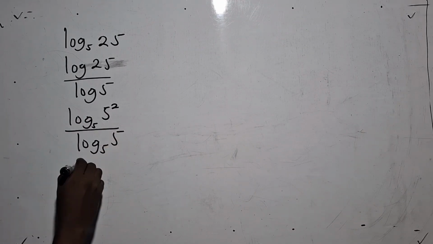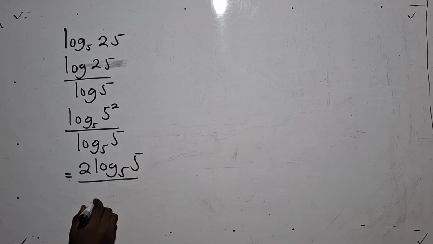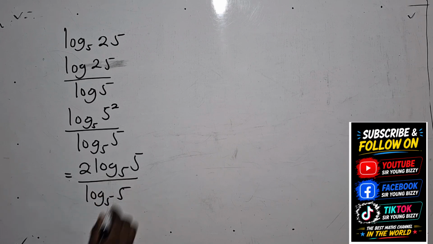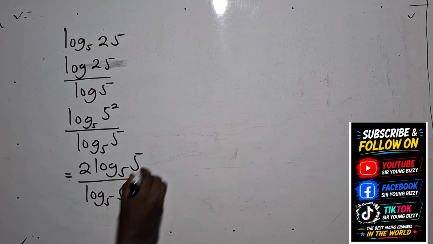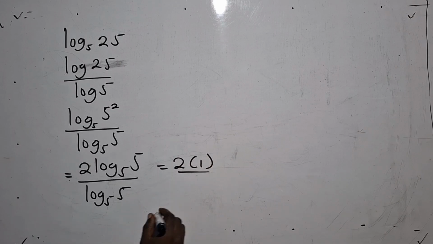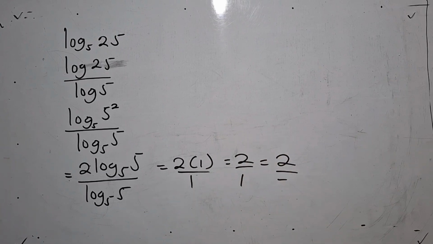Then this one will give me log to the base 5 all over log 5 as well. So now let me continue here. This one will give me 2 times log to the base 5 of 5, which is 1, all over 1 again. So this one is 2 on 1, which is the same as 2.